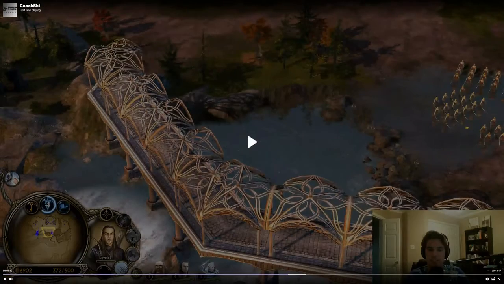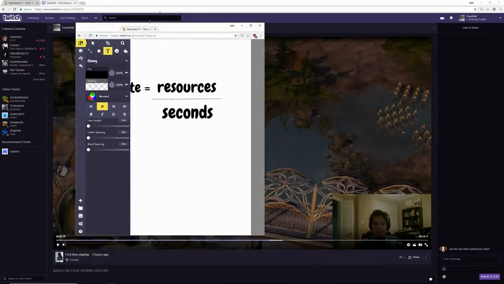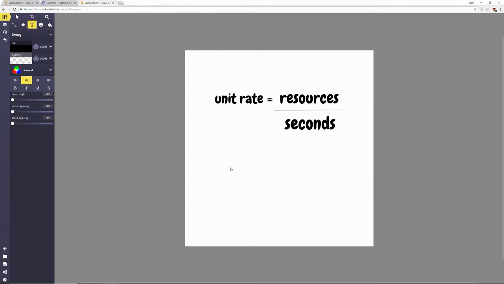All right, I'm going to pause it again real quick, and we're going to do another calculation. If we look at our resources down there, we started at 6,808, and then I spent some resources to buy those units from the barracks, and we went down to 6,650.